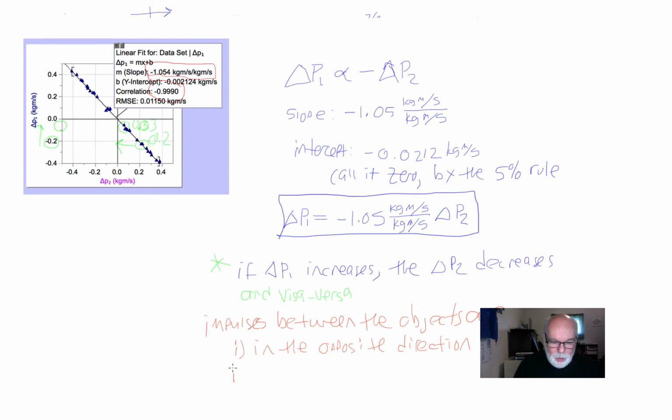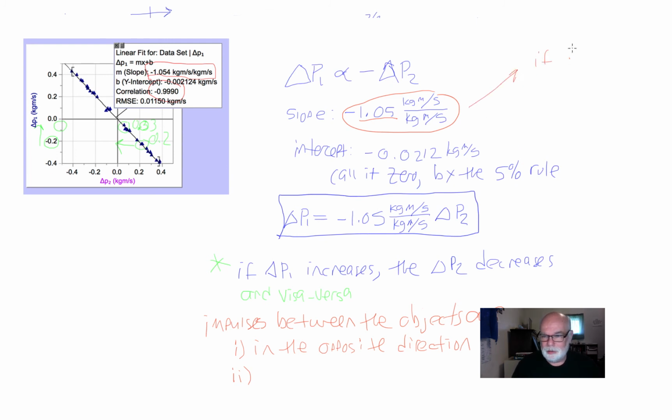The other thing we want to look at is the slope. Now, if the slope is really close to -1, now yours probably will vary, it depends on accuracy, but it's about -1, which means that, if I were to write this, what is the slope telling us?